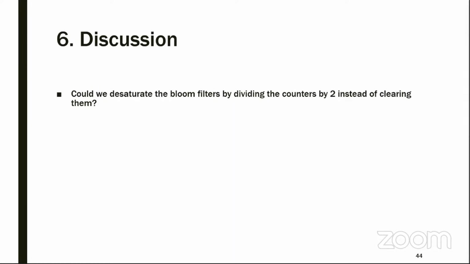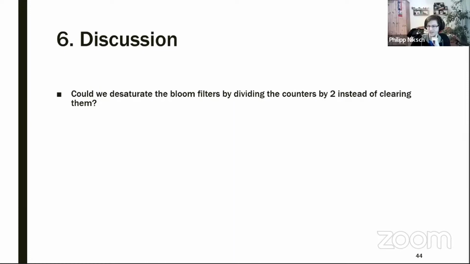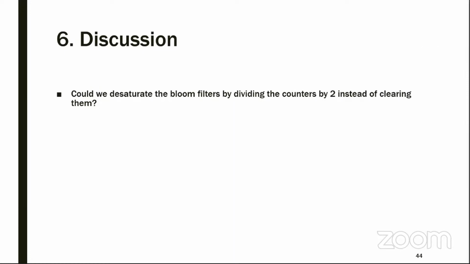But then you could have more false positives. That's an interesting solution, and it wouldn't rule it out completely, but I think it would probably be better to have just two.